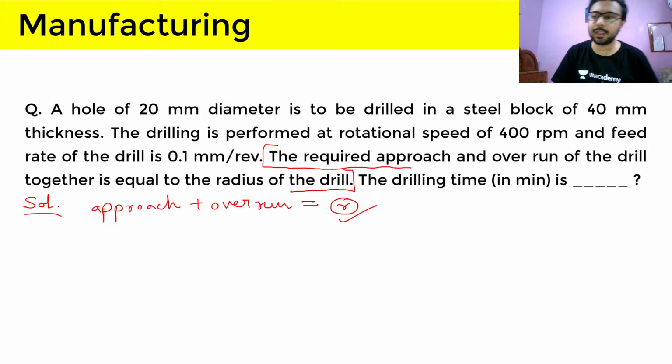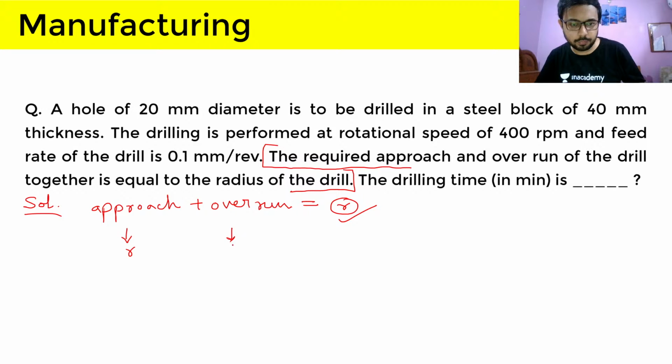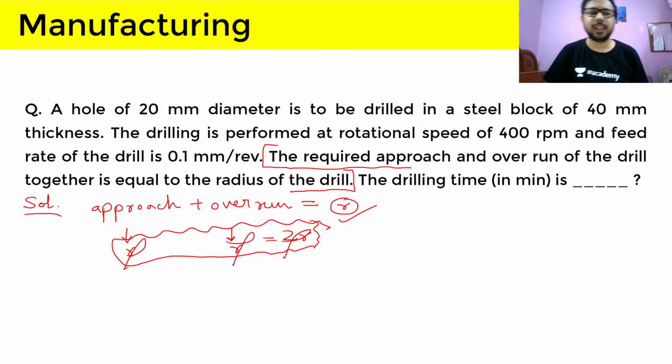I have written their sum equal to the radius, not individually equal to the radius. If you take them as r and r, they will become 2r, and this whole point will be wrong, because the word I want to highlight here is together. So together they are equal to the radius of the drill, and therefore their sum should be equal to the radius.